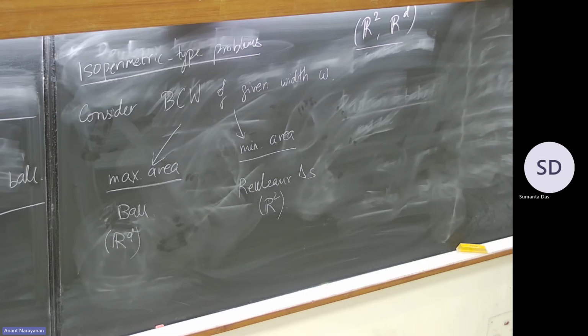I think yes, it should be. The cross section, will that be a body of constant width in RD minus 1? It should, because you're taking all supporting hyperplanes, so you can take supporting hyperplanes corresponding to those points as well.